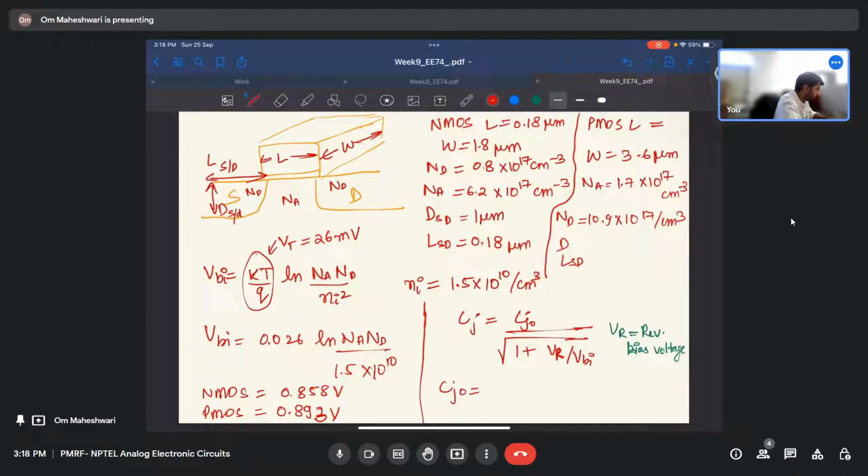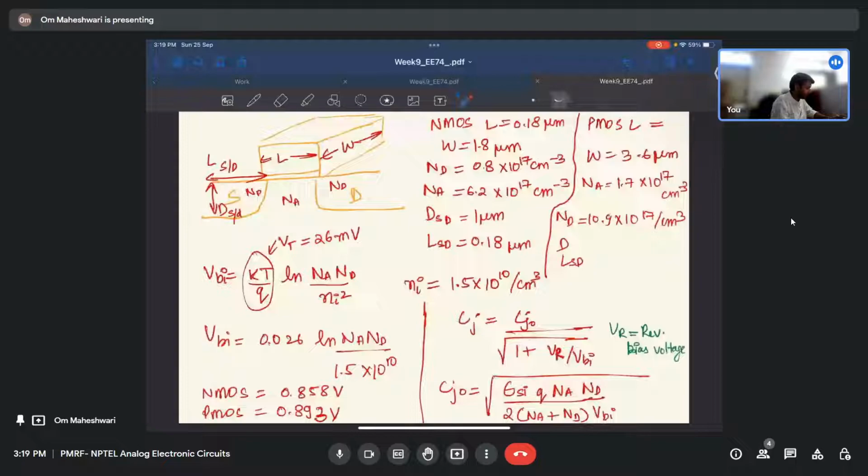Cj naught equals epsilon Si q Na and Nd divided by 2 into Na plus Nd into Vbi. So Vbi we know, and all these values we know. We just need to identify the reverse bias voltage.